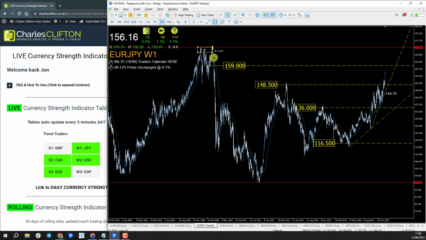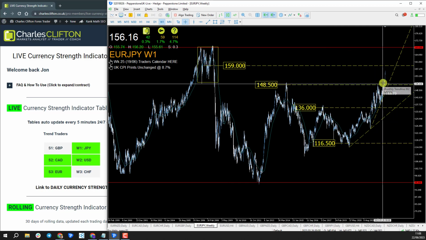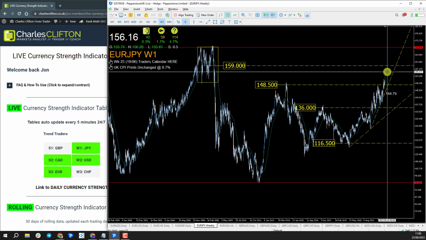We had this sort of sideways movement in here, this range, obviously before the 2008 market crash, and price reached the highs of the 169, the lows of the 149 or 148 spot 50s, which was actually broken through a few weeks ago, and price is now trading back to the upside.